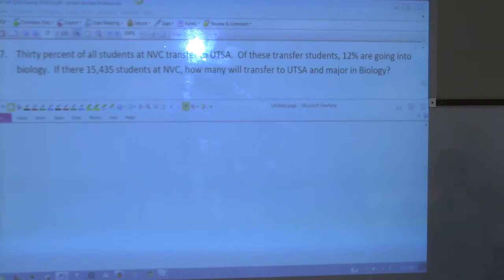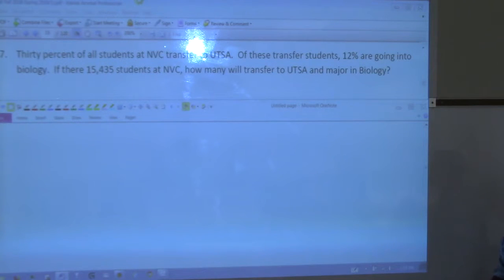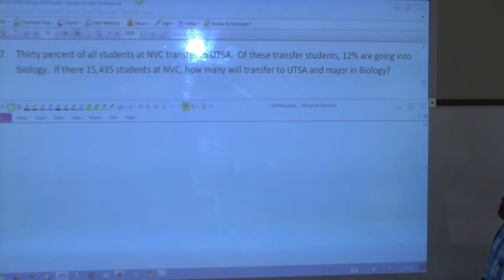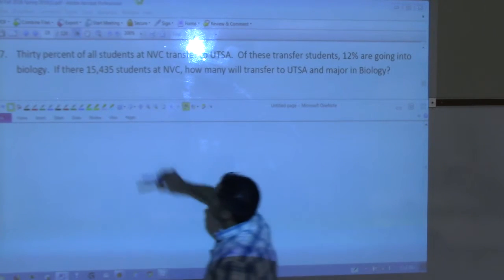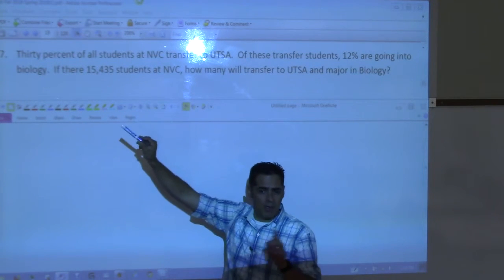So we divide 30 by 100, which is 0.30. And what would that represent? So what's being suggested here is that we take the number of students at Northwest Vista College and multiply it by 30%, which is 0.30.